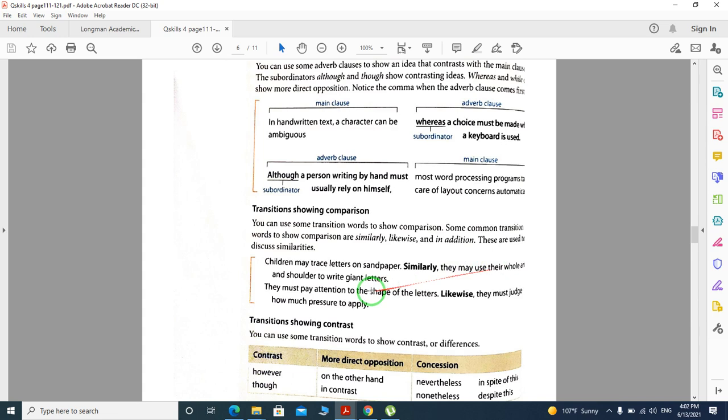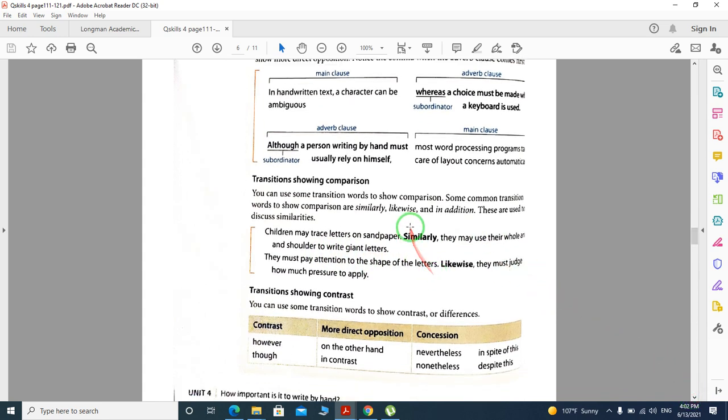Similarly, they may use their whole arm and shoulder to write giant letters. So in the same way you can use a full stop at the end of the sentence, and in order to show relationship, you use a transition that shows comparison. Likewise and similarly, they both mean the same thing.